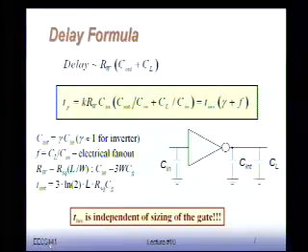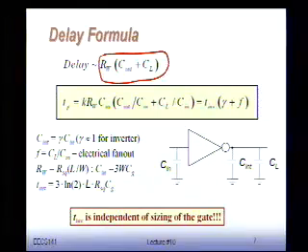Straightforwardly, as we said, the delay is equal to the resistance times the intrinsic capacitance plus the load capacitance. And then we're going to do some manipulations on this equation. We're actually going to try to put it as a function of the ratio of CL and Cin, where Cin is the capacitance that I see looking into the inverter.